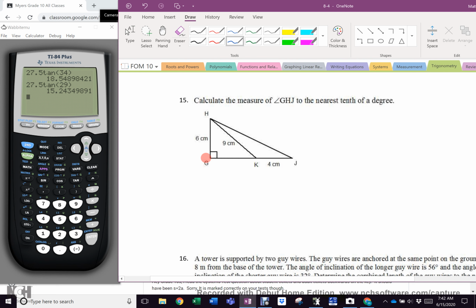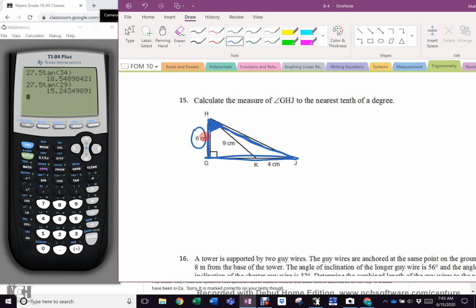I want angle G, H, J. I want this whole angle here, which is part of this blue triangle. The problem is I only know one side of that blue triangle. I don't know the other side, and I don't know any other angles.